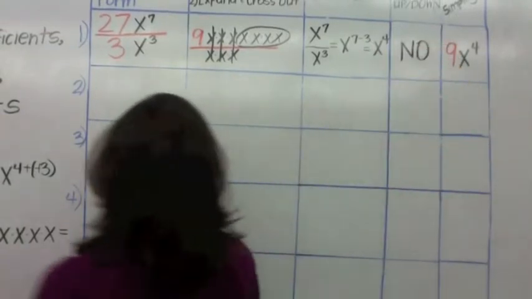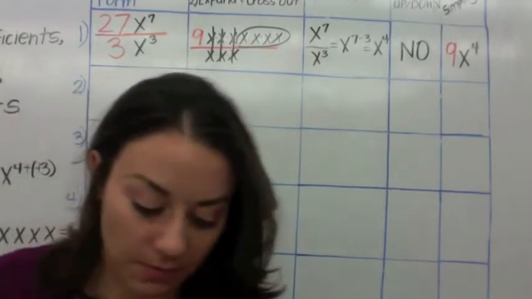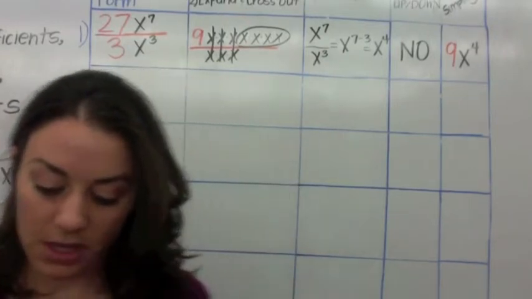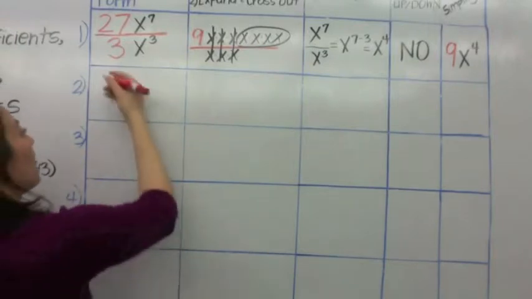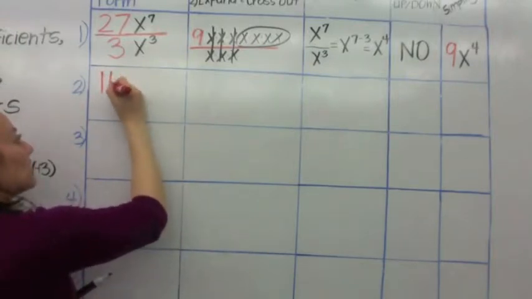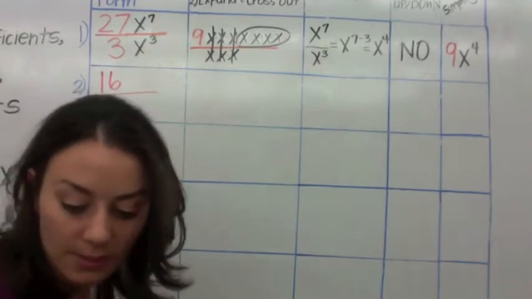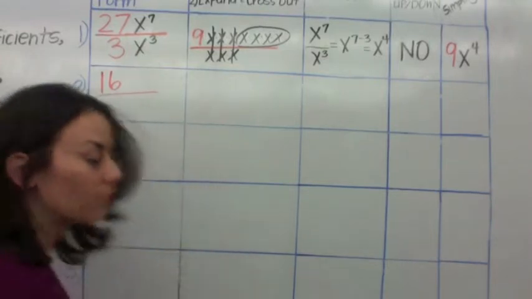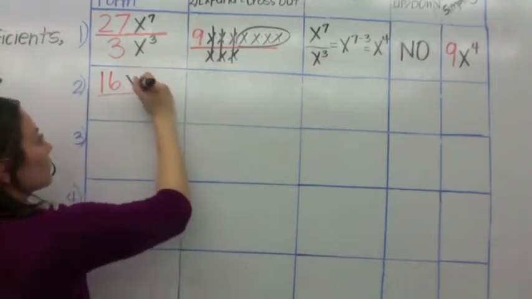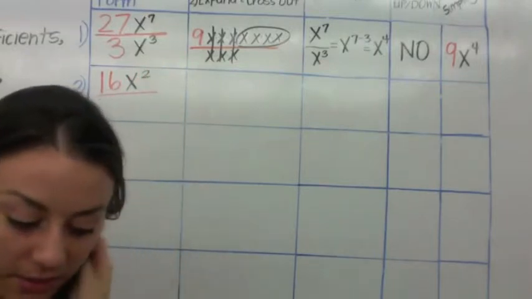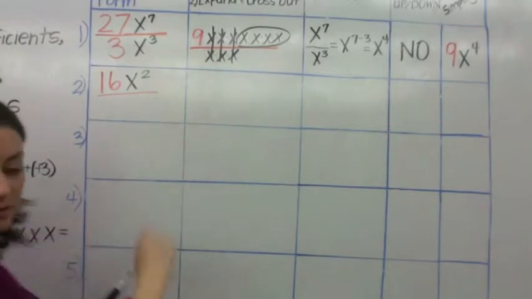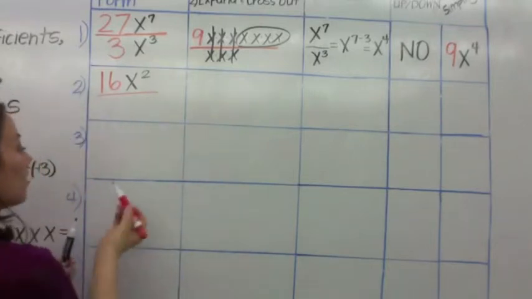Okay. So let's try the next one. The next one is going to be, I'm going to make the coefficients red, so I'm going to say 16 times x to the power of 2 divided by, this is the divided by line, 2x to the power of 5.